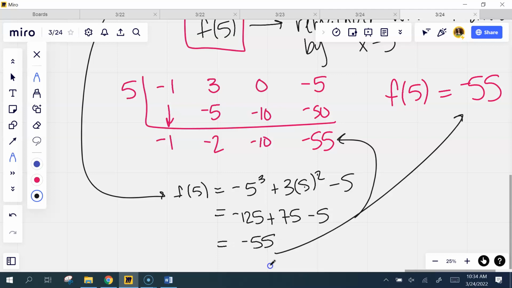They're all coming back to the same thing. That's what I'm trying to get you to see. The remainder and that value are both the same.